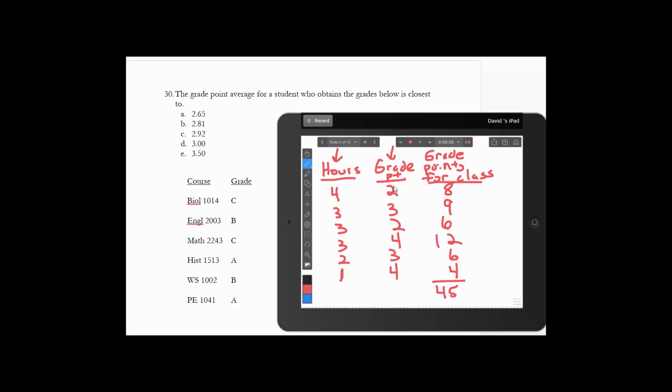And the number of hours, you have to add those up. That's 16. So the GPA is going to equal 45 divided by 16. And that is 2.81. And so on our thing here, that's option B.